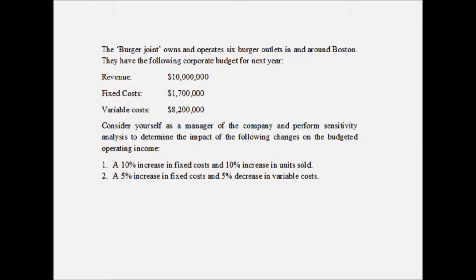So the first change that we have to analyze is a 10% increase in fixed cost and 10% increase in units sold. Second is a 5% increase in fixed cost and 5% decrease in the variable cost. So let's perform the sensitivity analysis and find out the impact of these changes on the budgeted operating income.